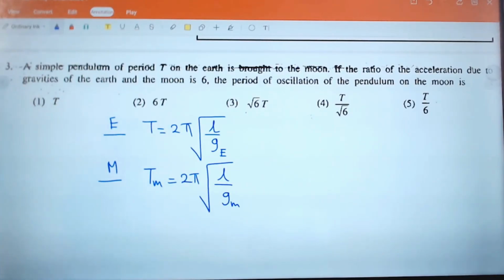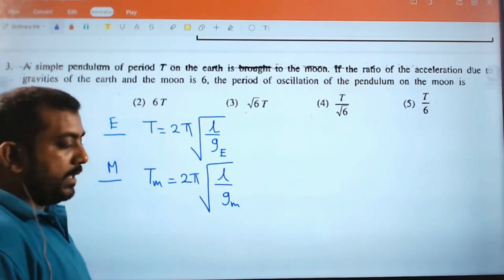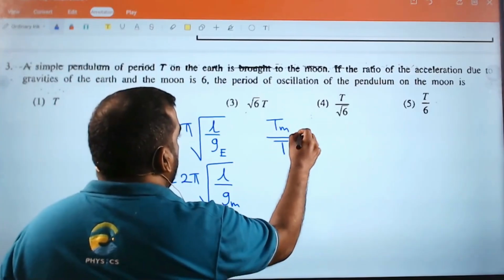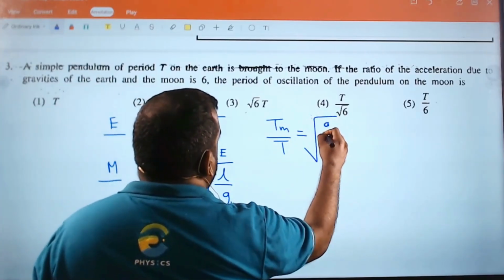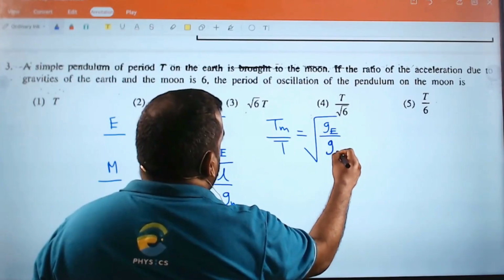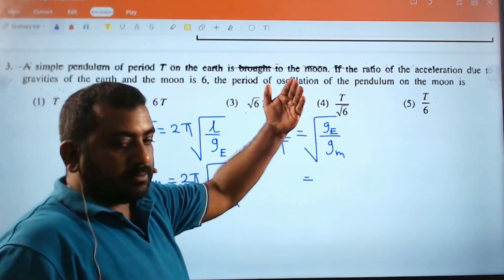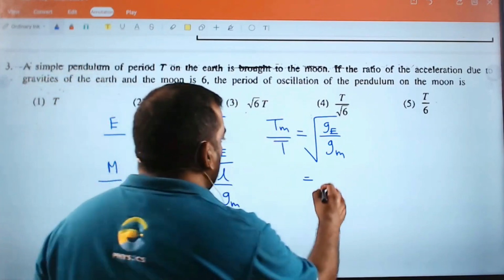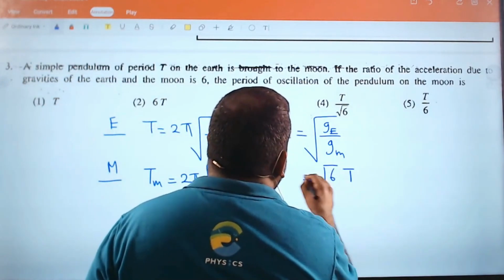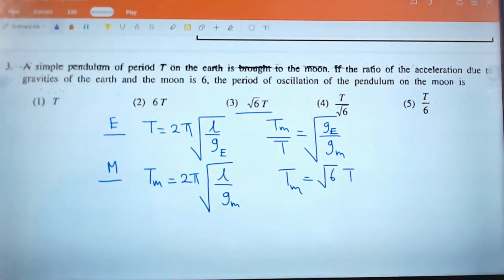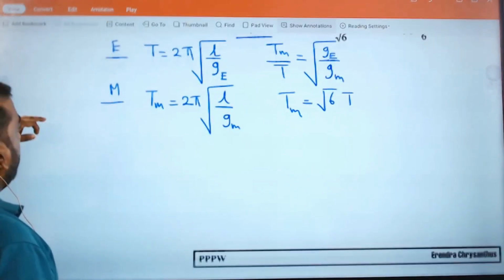If you divide one equation by the other, Tm divided by T is square root ge divided by gm. Acceleration due to gravity on Earth is much larger. The ratio there is root 6 times T. So root 6 T is your answer. Correct answer, the third one, is answer 3. Right. Moving on.